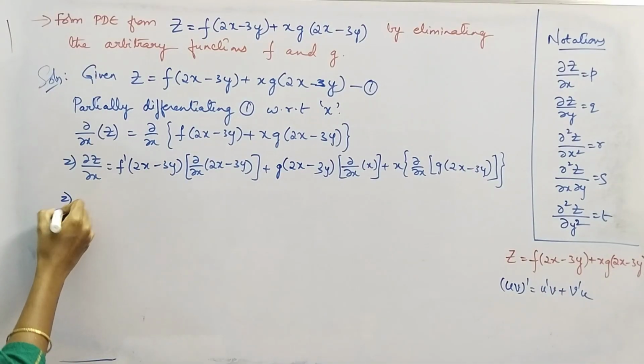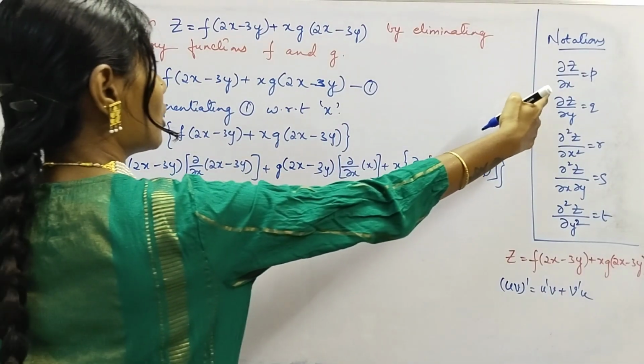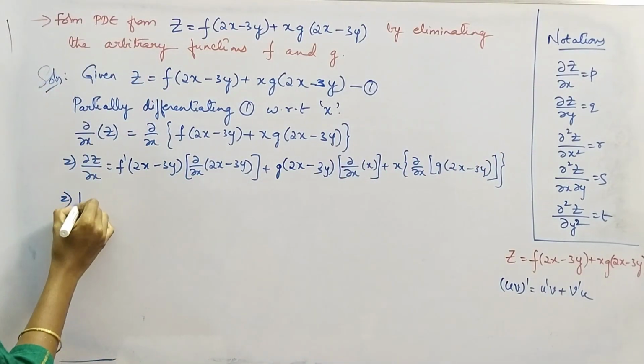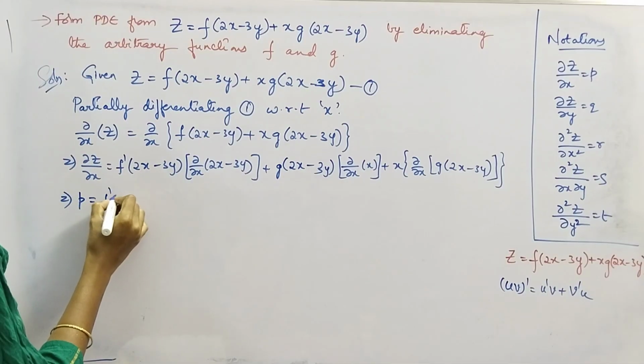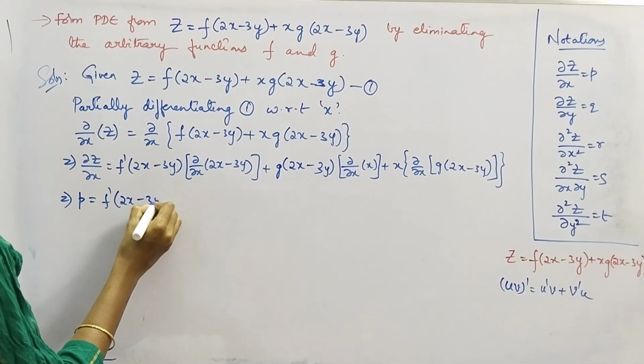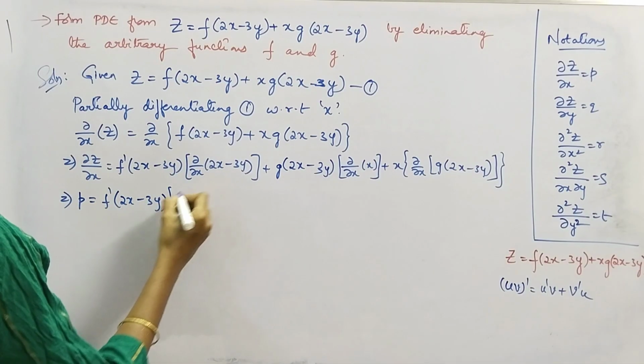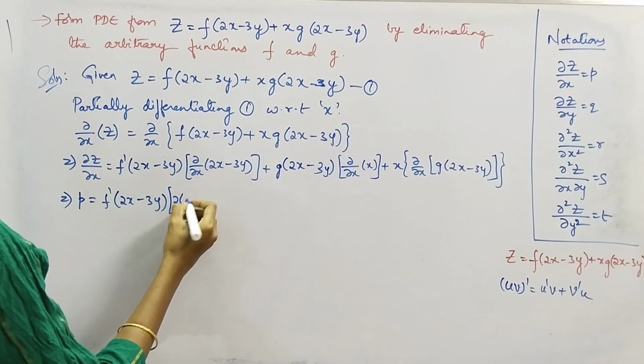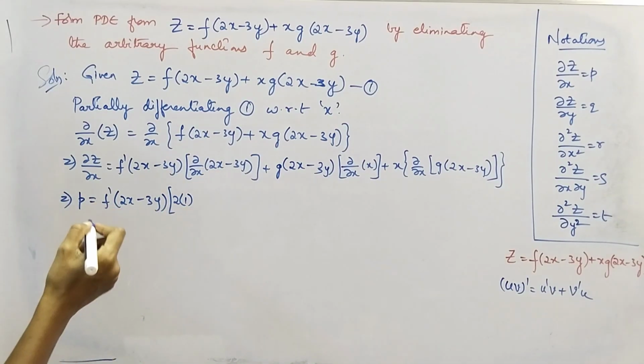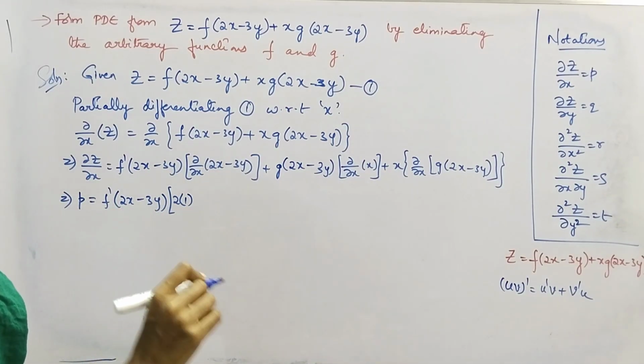plus x into partial derivative of g of 2x minus 3y with respect to x. Since we know that dou z by dou x can be replaced by the notation p, we'll get p equal to f dash of 2x minus 3y into 2 times partial derivative of x with respect to x, which is 1. Since we are partially differentiating with respect to x, we'll treat y as constant.